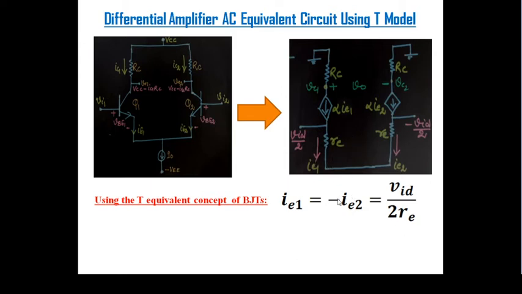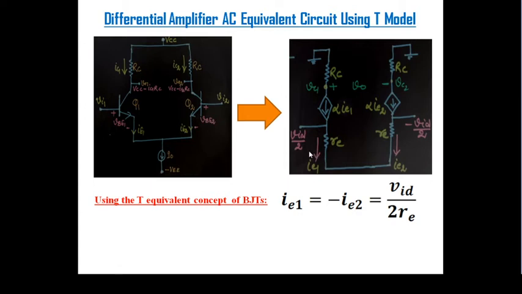Similarly, IE2, with the minus sign, is minus Vid by 2 minus 0 by RE, so it is also Vid by twice RE in magnitude. This is simple Kirchhoff's voltage law: we write the equation for the voltage across this resistance as higher potential Vid by 2 minus lower potential 0, divided by RE.